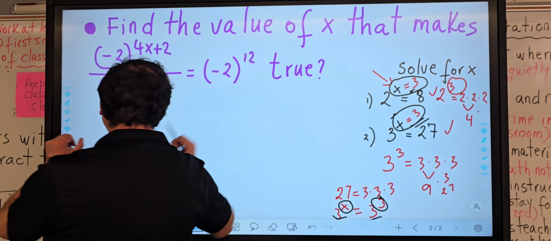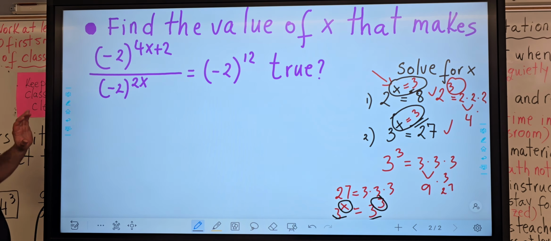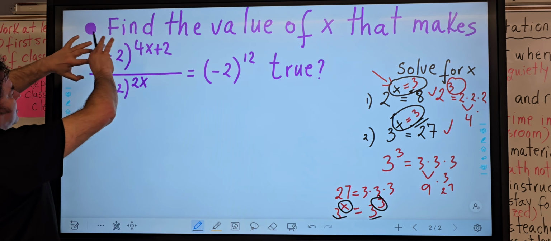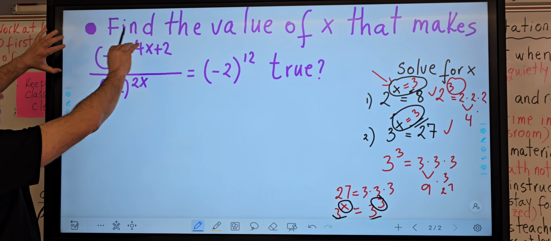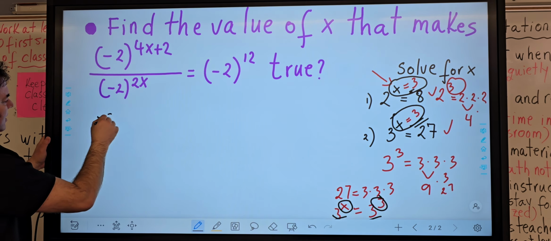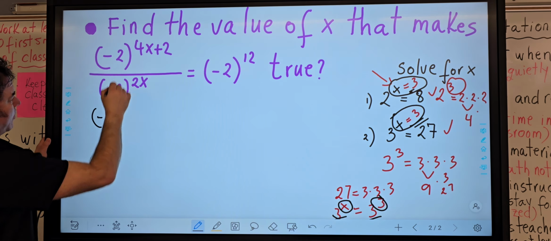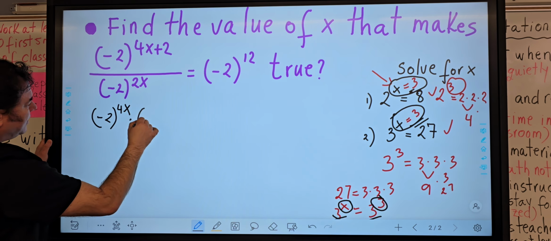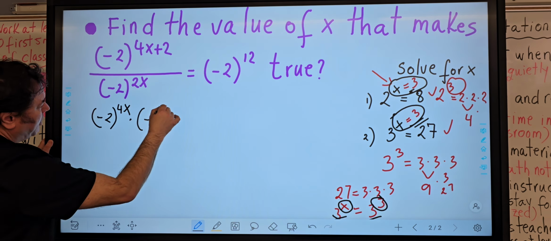Now let's take a look at this example here. In order for us to have the same base, we have something more complicated, and we need to expand the numerator. So we have negative 2 to the power of 4x plus 2. It means negative 2 to the power of 4x times negative 2 to the power of 2.